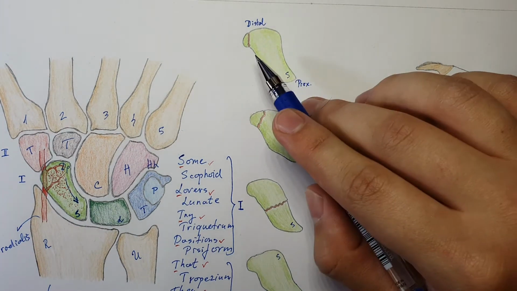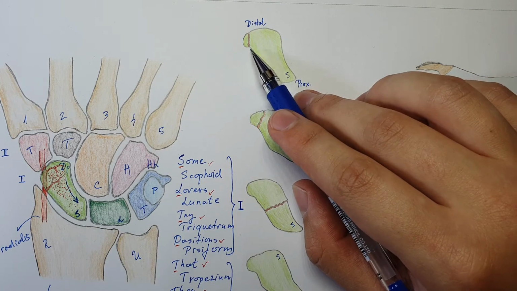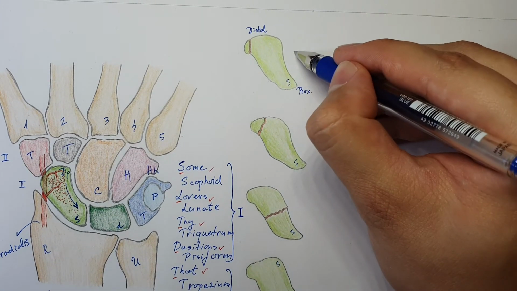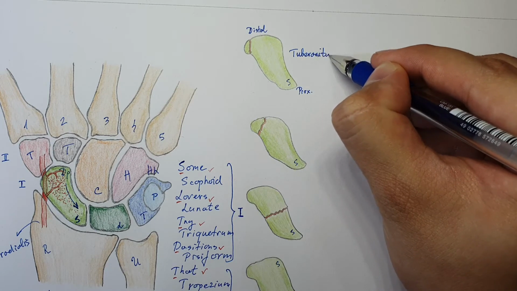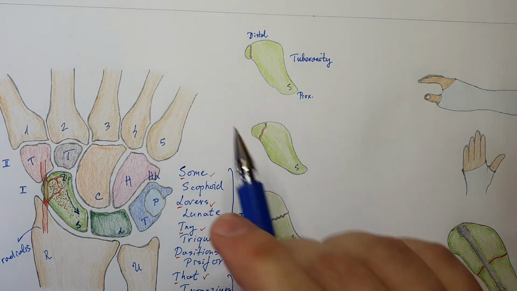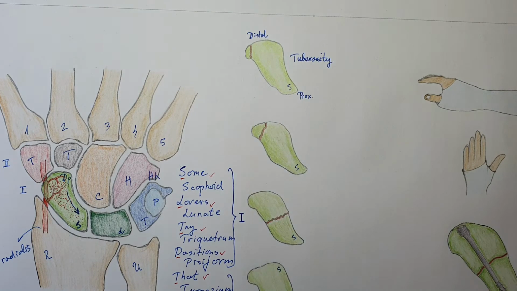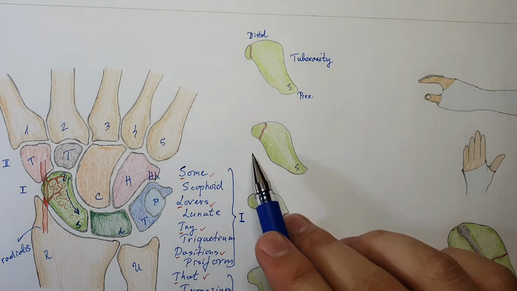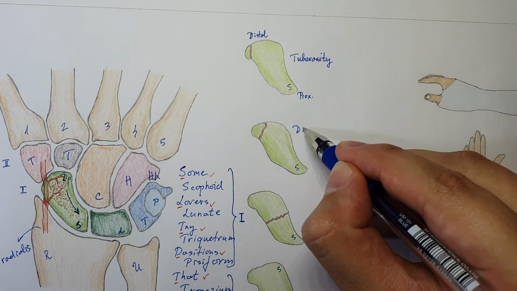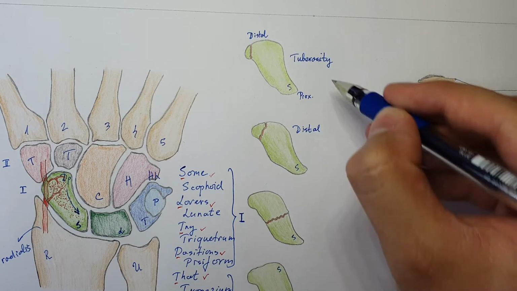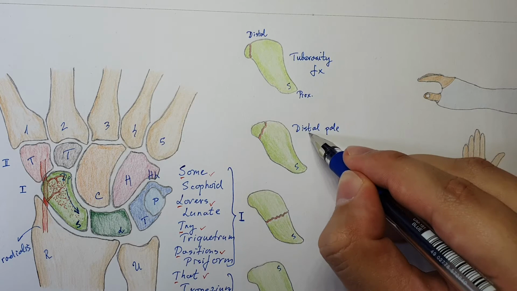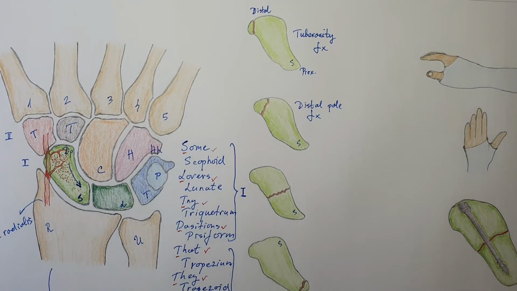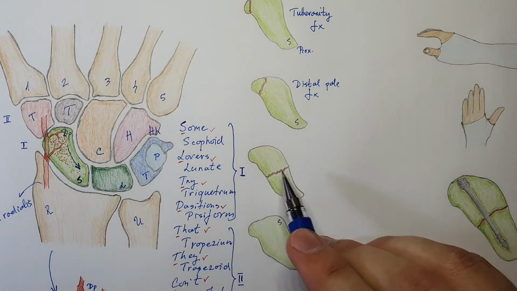This is an example of a tuberosity fracture. Then this would be a fracture of the distal pole, a distal pole fracture. Then this fracture would be a waist fracture.